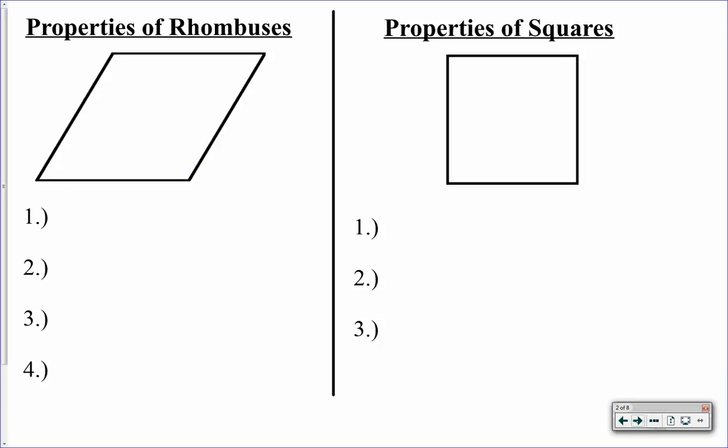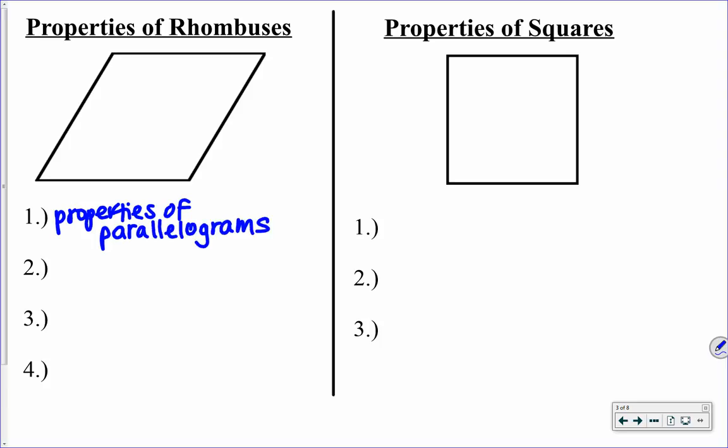All right, now before we move on to squares, we also have to remember the properties of rhombuses, because this will affect our square properties. So if we remember from yesterday, our properties of our rhombus were also the properties of parallelograms, because it is a parallelogram.